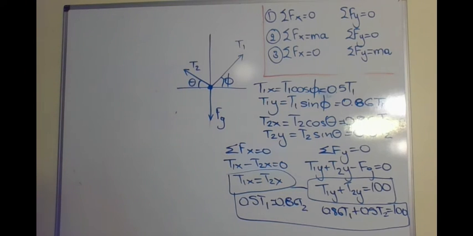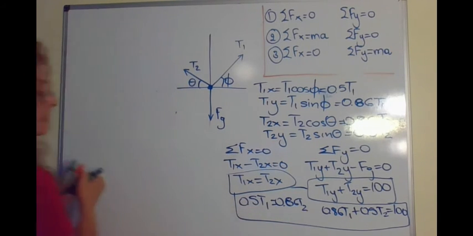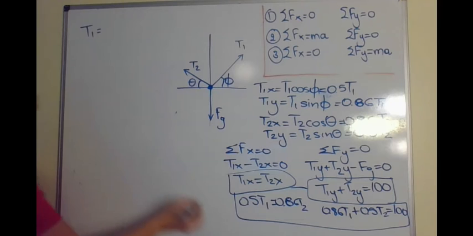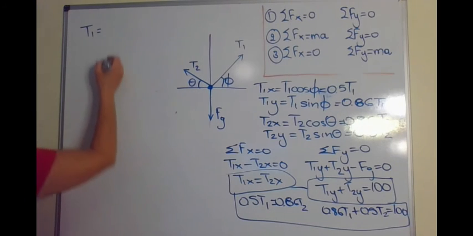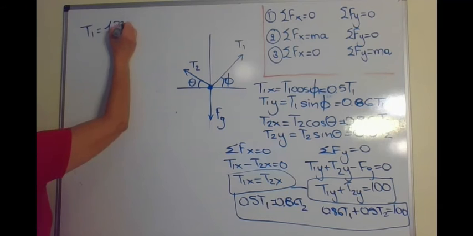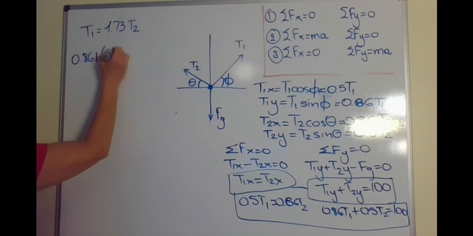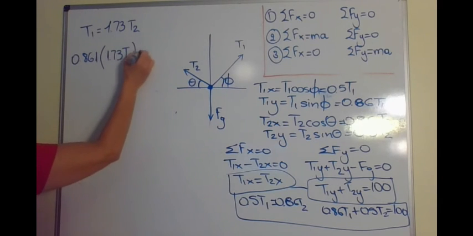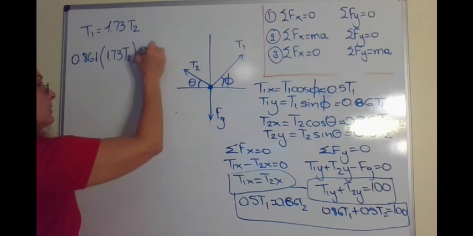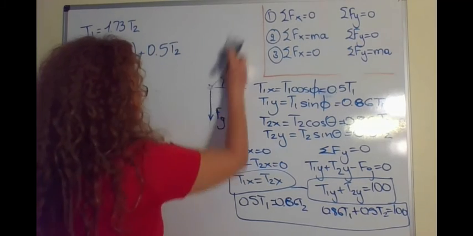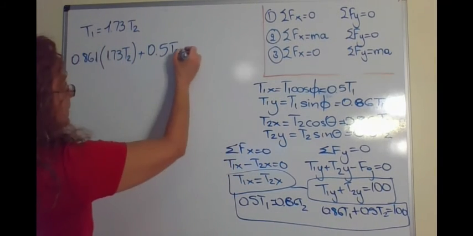So solving one of them, let's say solving this, I find that T1, I will need to divide by half, so I will find that T1 will be 1.73 T2. And going here, I would say, okay, so 0.86 T1, and how much is T1? It is 1.73 T2, plus half T2 equals 100.